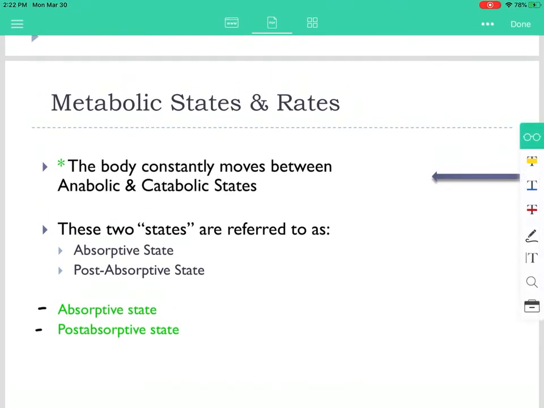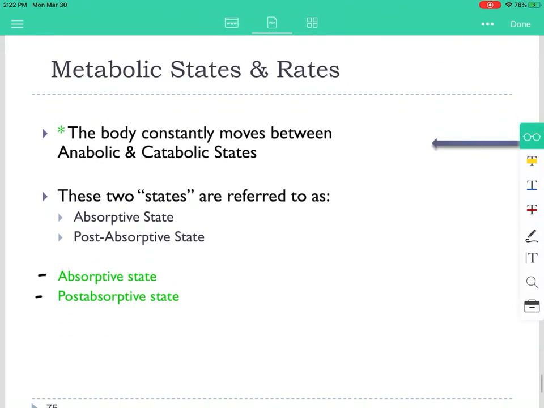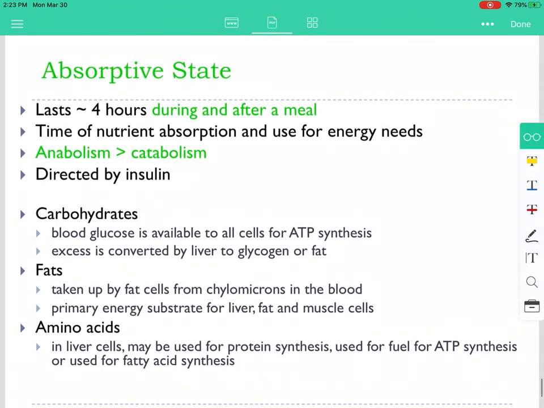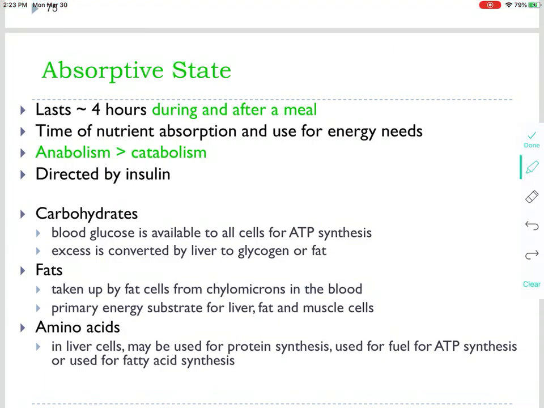We have basically two metabolic states. We have an absorptive state, and we have a post-absorptive state. And guess what? We're usually in one or the other. Okay? We have two metabolic states, absorptive and post-absorptive. We're usually in one or the other.